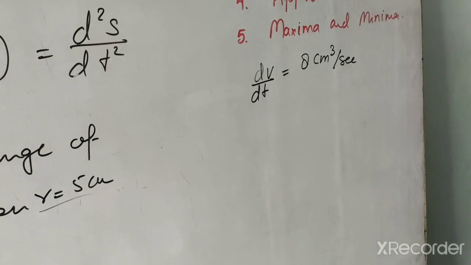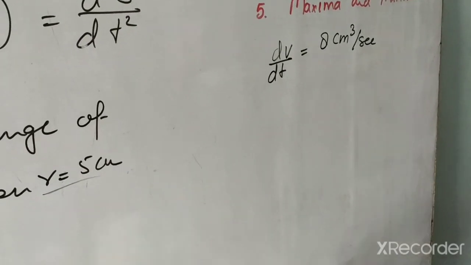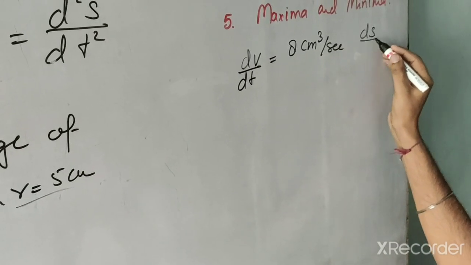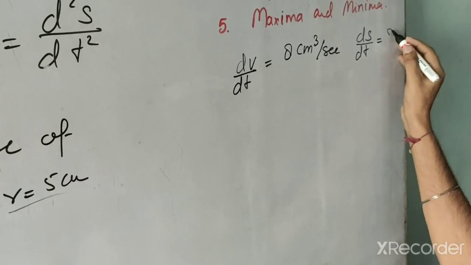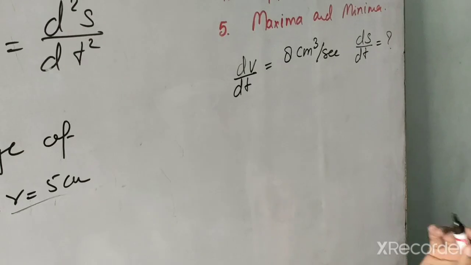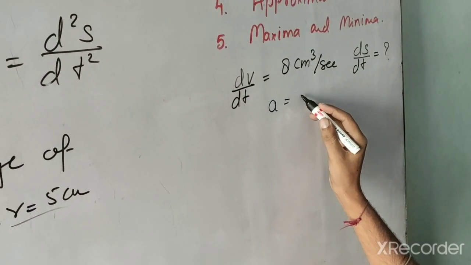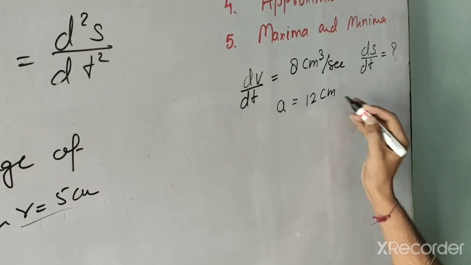How fast is the surface area increasing? Means dS upon dt is equals to question mark, when the edge, means the side of the cube, is given as 12 centimeter.